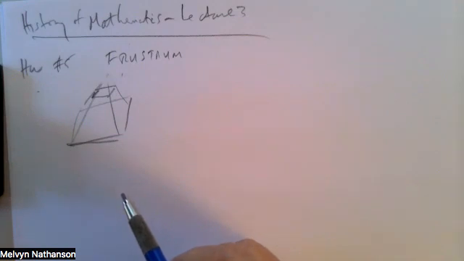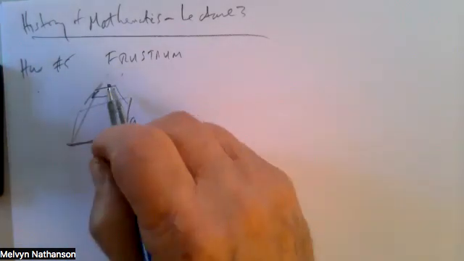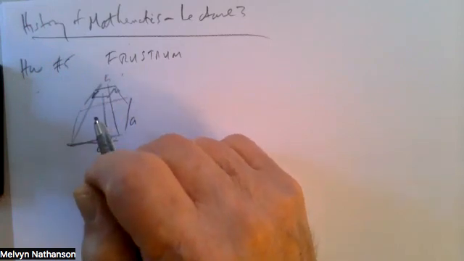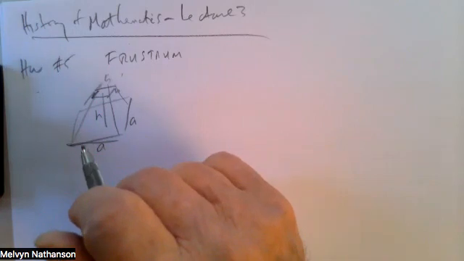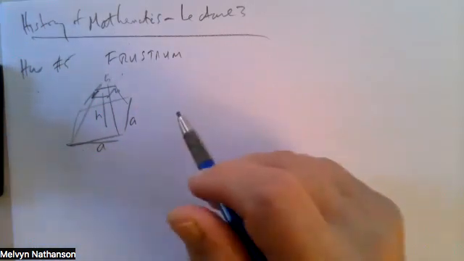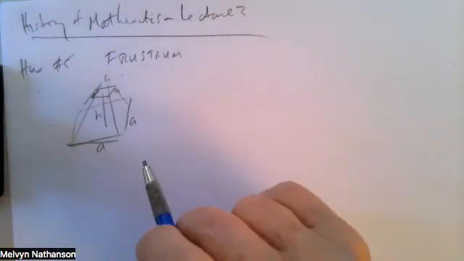And the base is a square of side A, the top is a square of side B, and the height of the frustum is H. And that's the frustum.